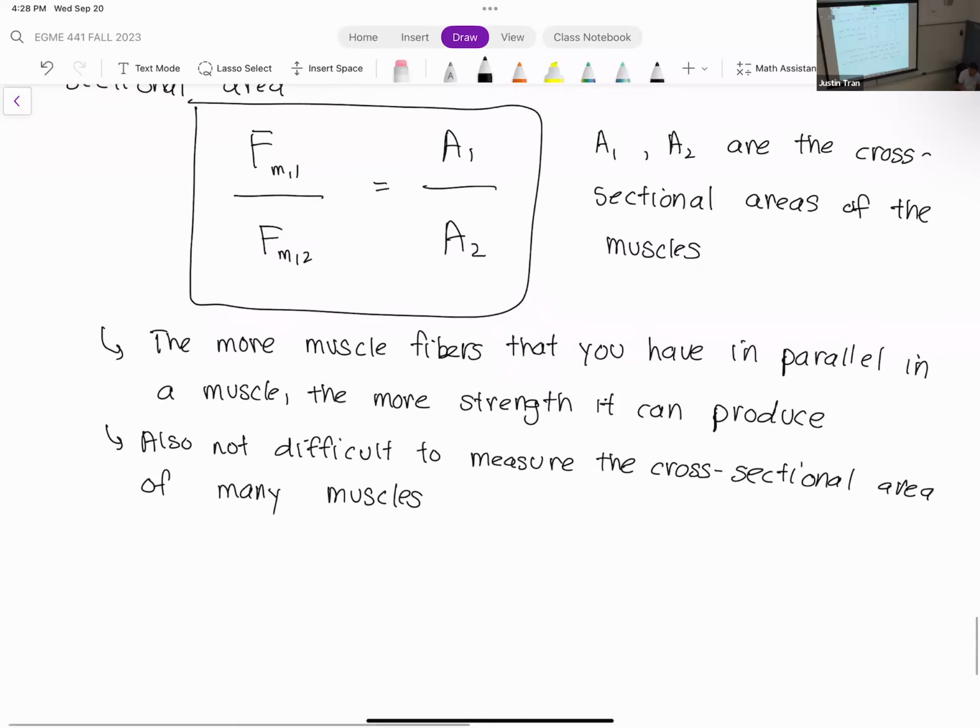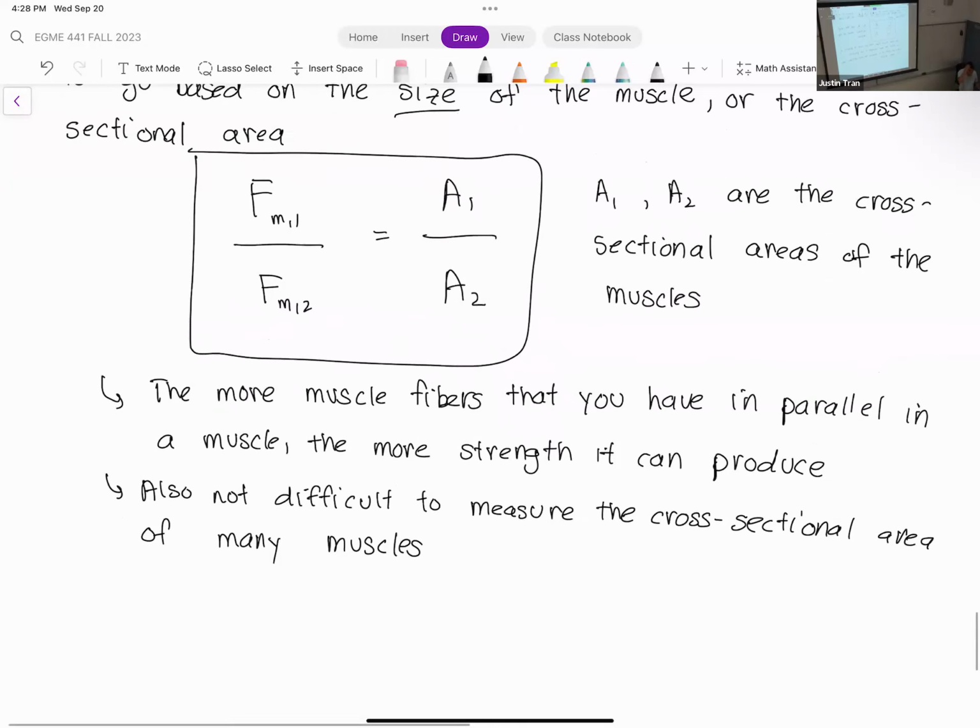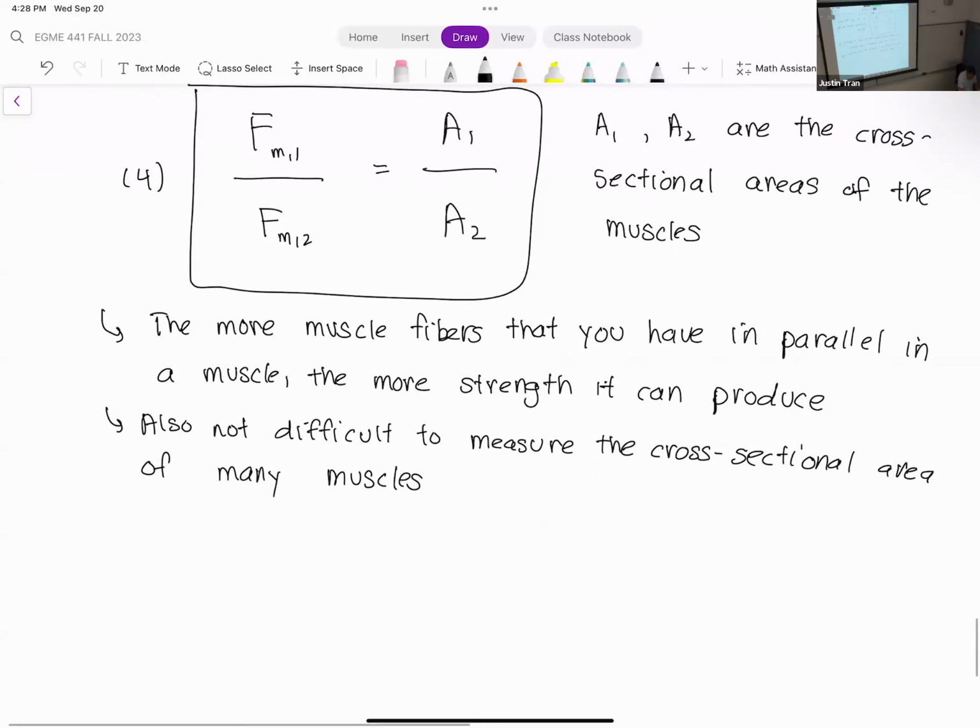The good thing is that this equation here that I boxed counts as an equation. If we call this equation 4, maybe we can make one more equation here: FM1 divided by FM3 equal to the ratio of their areas, A1 over A3.